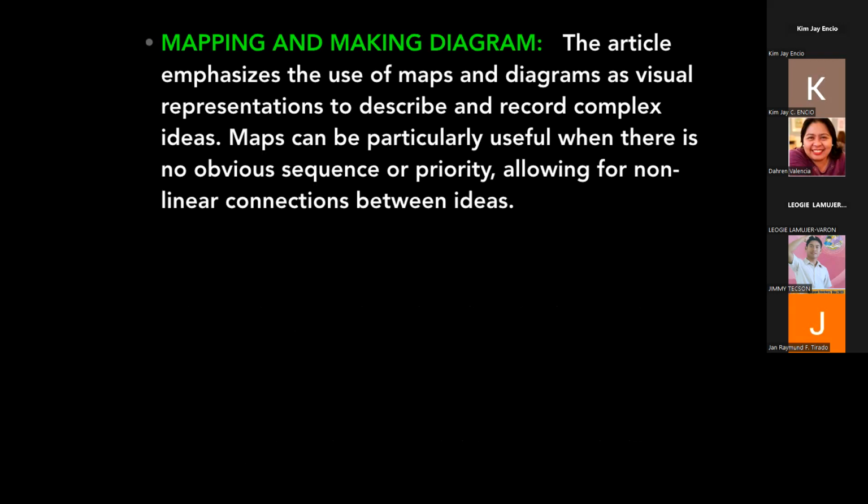The next one is mapping and making diagram. The article emphasizes the use of maps and diagrams as visual representations to describe and record complex ideas. Maps can be particularly useful when there is no obvious sequence or priority, allowing for nonlinear connections between ideas.